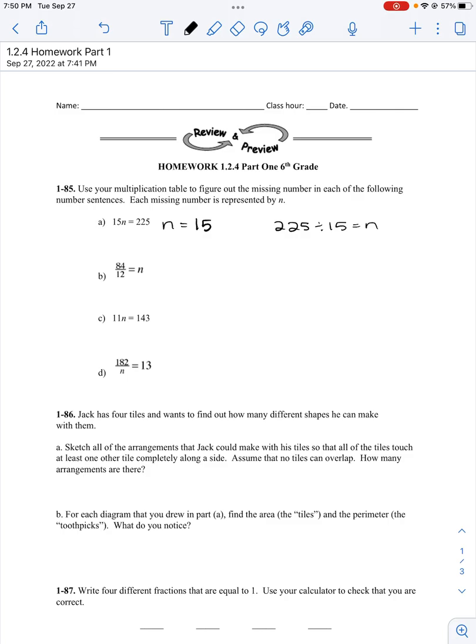For part B, I'm 84 divided by 12. So if I divide 84 by 12, I'm going to get 7. So N equals 7.